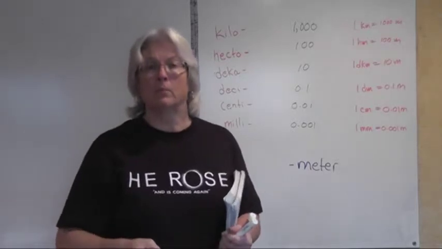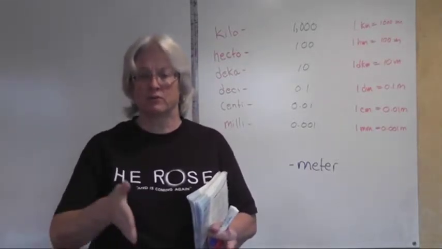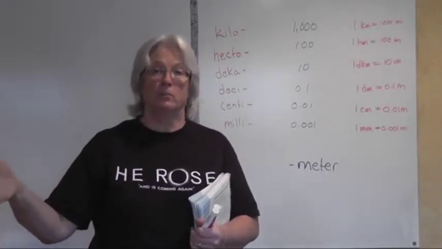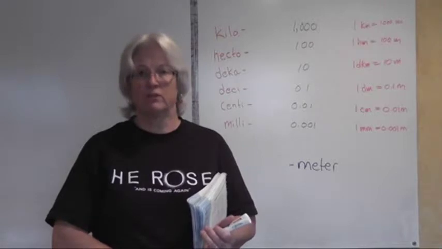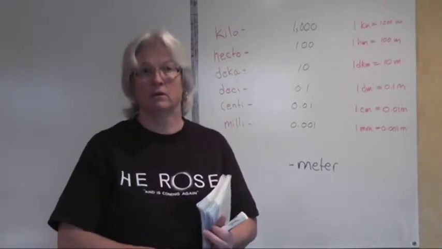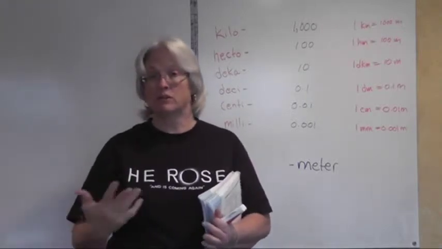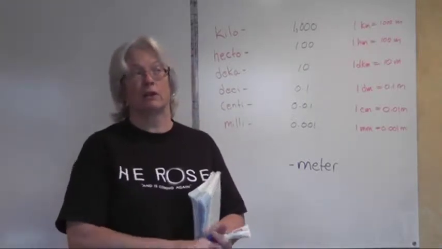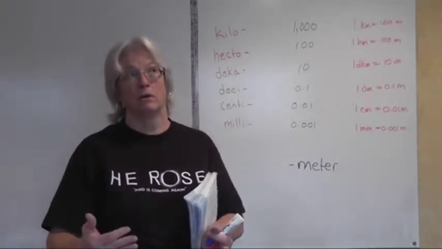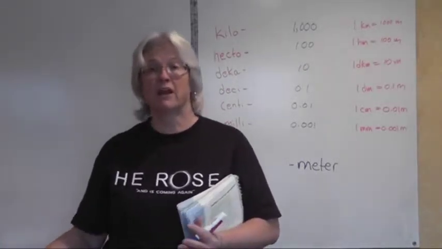million. But we're multiplying by factors of 10 as opposed to, if we're going to go from an English inch to a mile, you might have to say, okay, there are 12 inches in a foot, there are 3 feet in a yard, there are 1,760 yards in a mile, or you might think, okay, there are 36 inches in a yard, but there's 3 feet in a yard, and there's 5,280 feet in a mile.